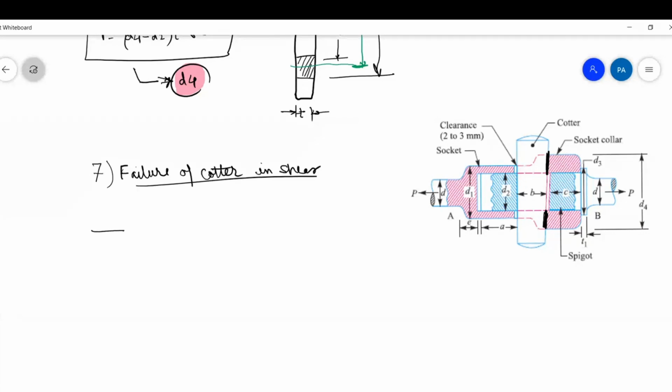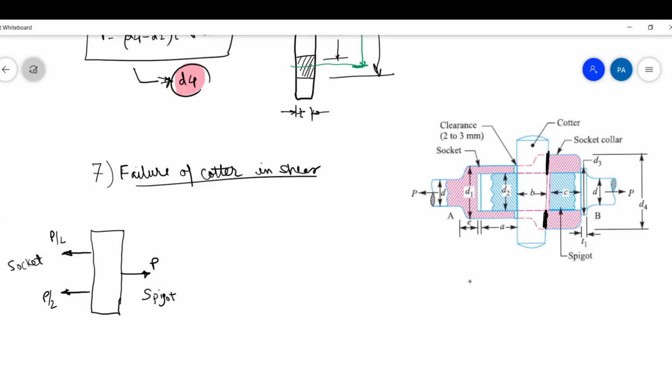See how the Cotter is like this. You may not see the taper properly here. This is pulled in this direction here, and this is pulled in this direction and this direction. Here the force is P. Here it is P by 2 upward and P by 2 downward. This is Spigot side and this is socket side. So because of this, what is happening?